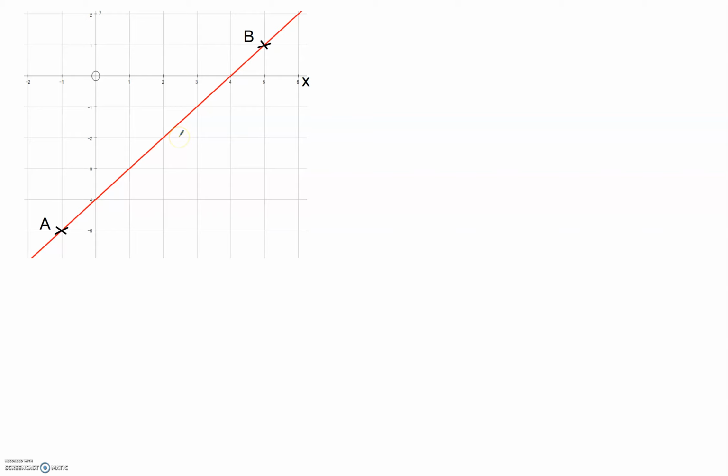To find the gradient of the line, we see how many we go across 1 square and how many we go up. You can see very clearly that we've gone up 1 on the y-axis for 1 on the x-axis. So that gives us a gradient of 1. And our y-intercept, we can see very clearly here, is at -4.